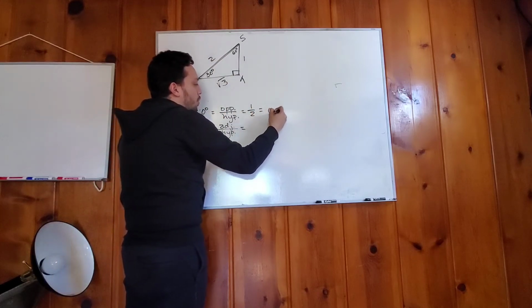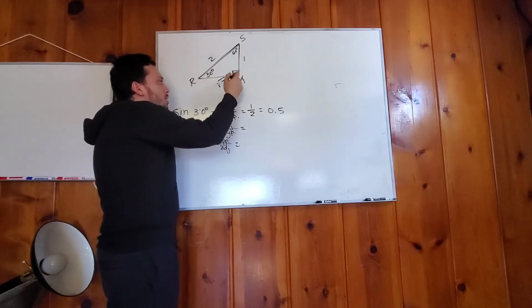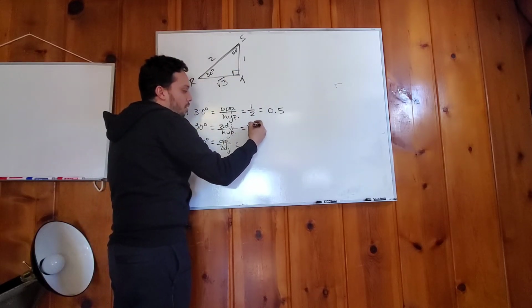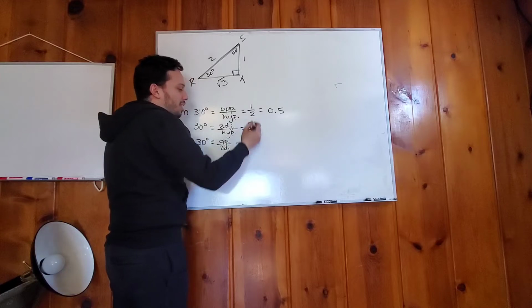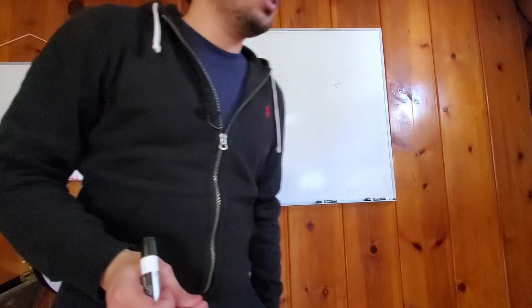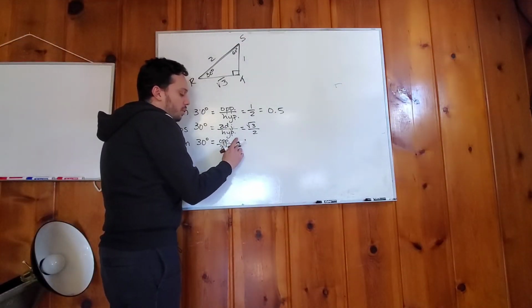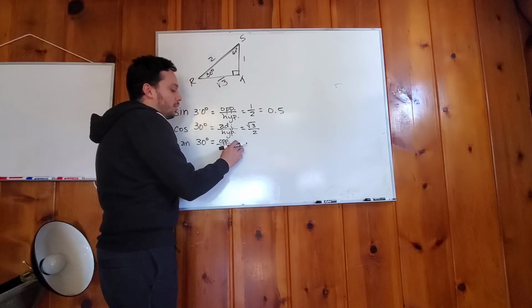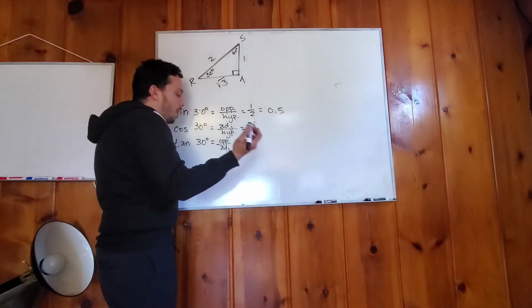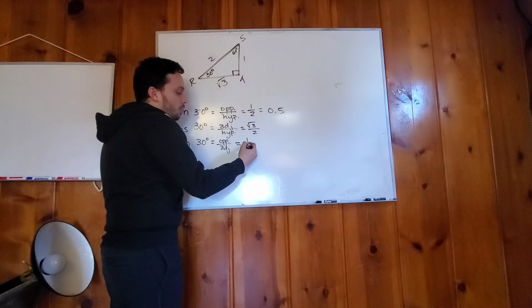So it'd be 1/2, 0.5. The cosine is square root of 3 over 2. That one is a little bit harder to do with decimal numbers, but the book does it. Note, I'd rather you don't, because you can't use a calculator. And if you give me an exact answer, obviously I will know that you've been using a calculator. And then the tangent would be 1 over square root of 3.